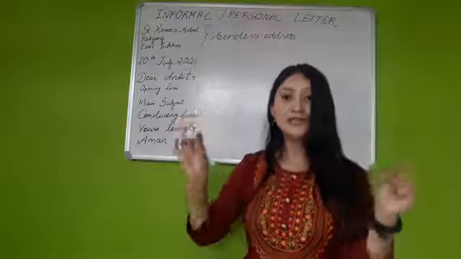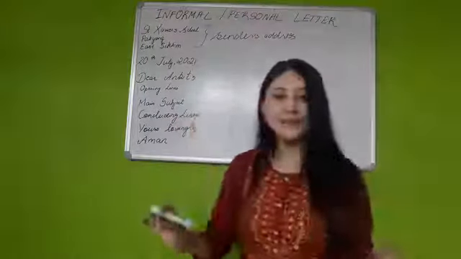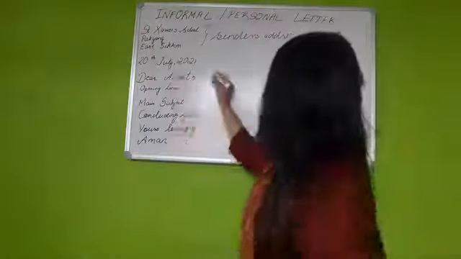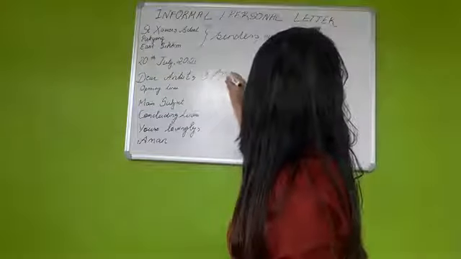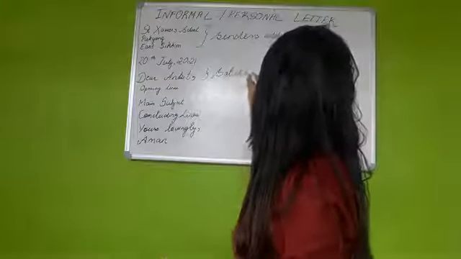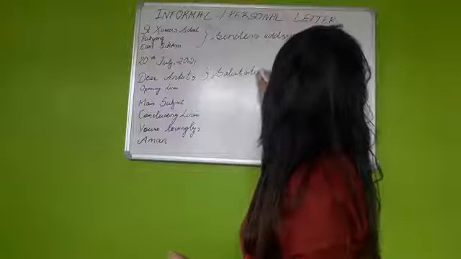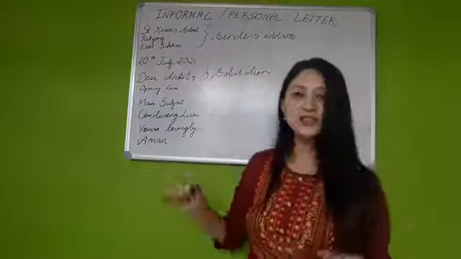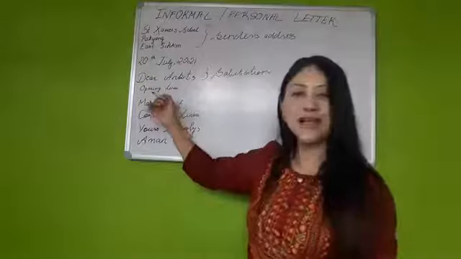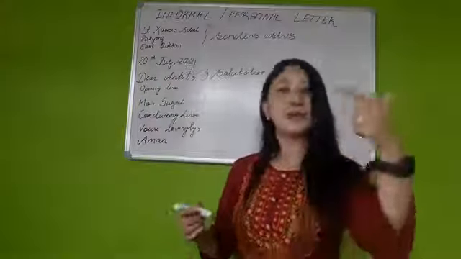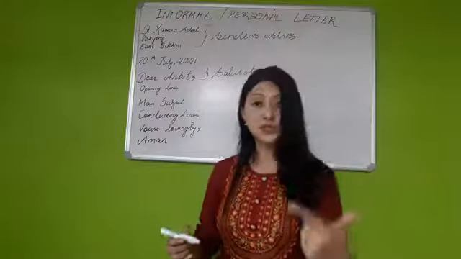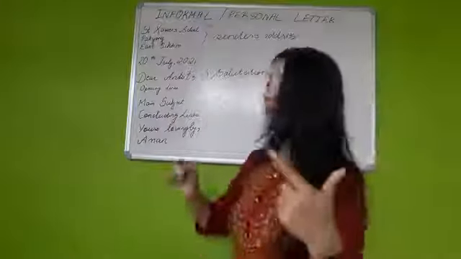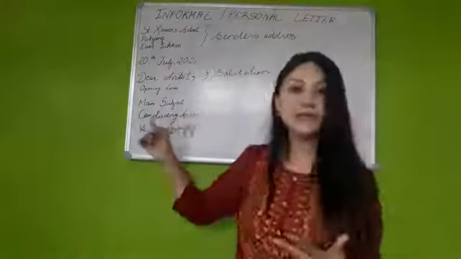After the date, you will leave a space and write the salutation of the letter. After the salutation, you leave a line and write the opening lines, followed by the main subject matter, the main body of the letter, and then the concluding lines.